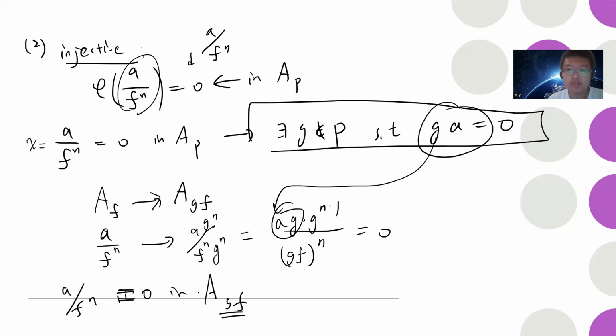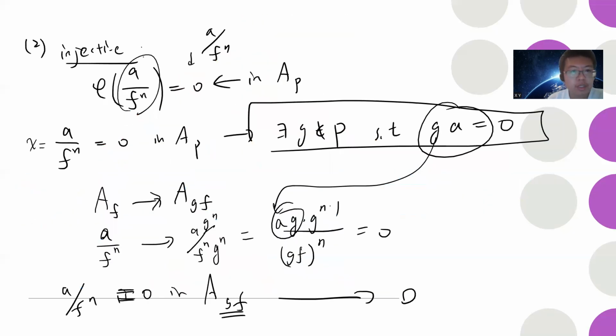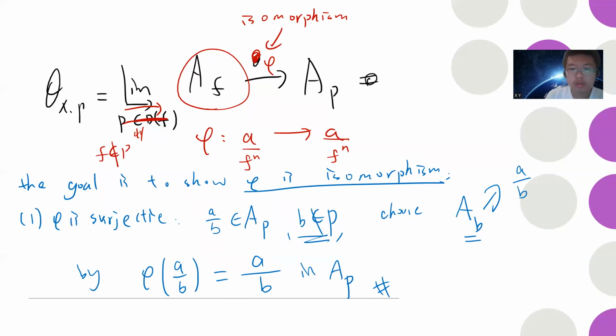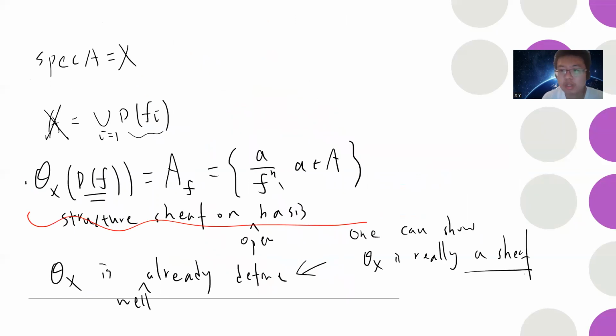So by the definition of colimit, you need to preserve this map. If it's 0 in A_gf, then it maps into A_P and is still 0. So this guy maps into 0. This proves that phi is injective. Yeah, I think this is the missing part that I had not yet said. So yeah, see you guys in the next videos.